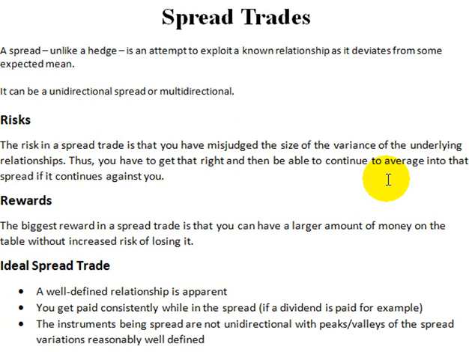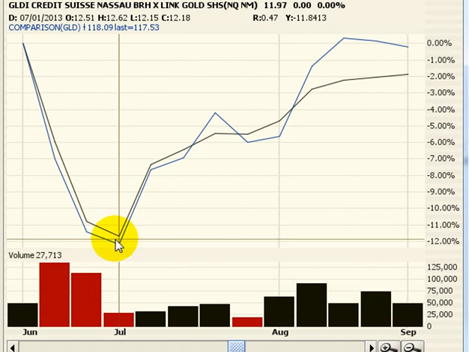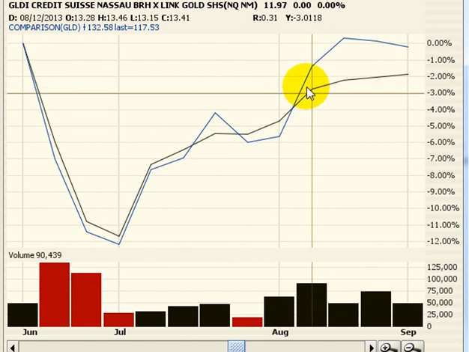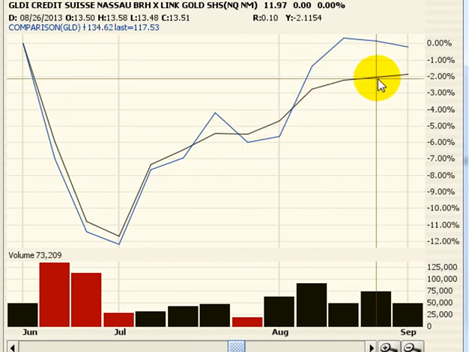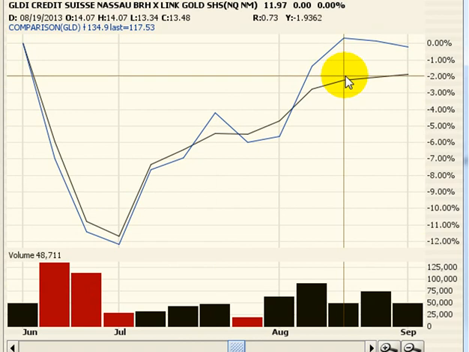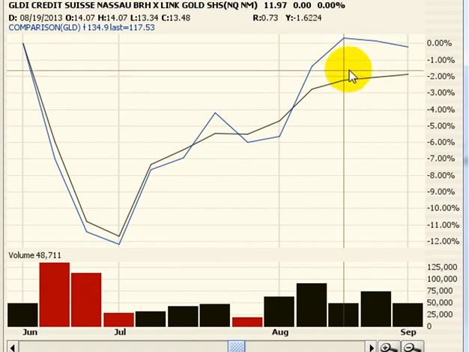And you've got to be able to continue to average into that spread if it goes against you. So if you start a spread, and we go back to this, let me just pull it in real tight. If we start a spread here, and let's say that we're going long this instrument that's going to trade lower here, and we're going short the instrument there, and that spread starts to widen, we want to be able to continue to average into that with the knowledge that it's not going to go more than, if we're using that 5% number again, right here it's say a 2% difference.